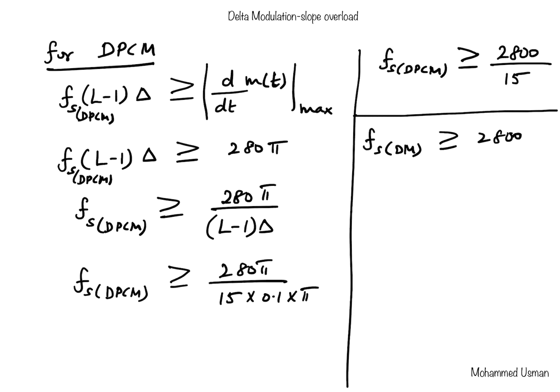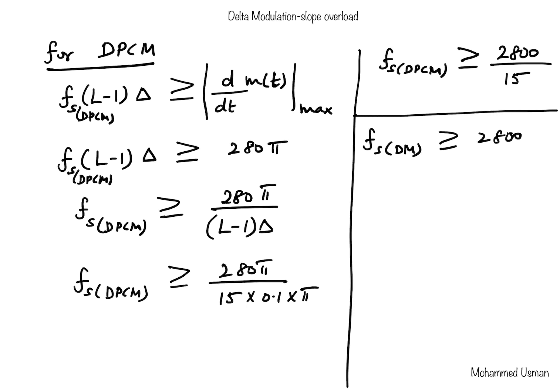Engineering is all about trade-offs. You never get any advantage in engineering for free. If you try to reduce the complexity, you have to pay in terms of increasing the sampling rate to avoid slope overload in this case. There's always some trade-off involved when you're developing engineering solutions. So the sampling rate of delta modulation is higher by a factor of L minus 1, in this case 16 minus 1.